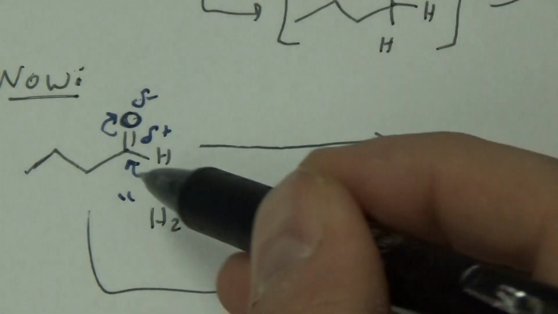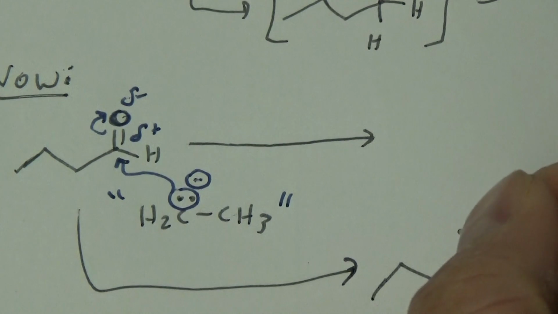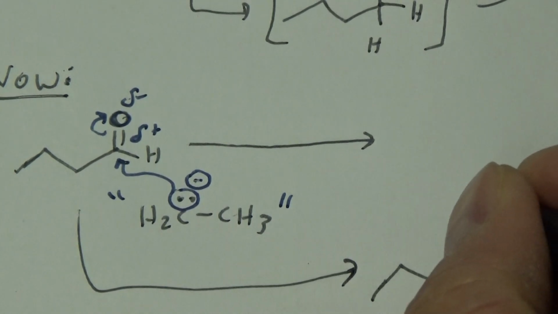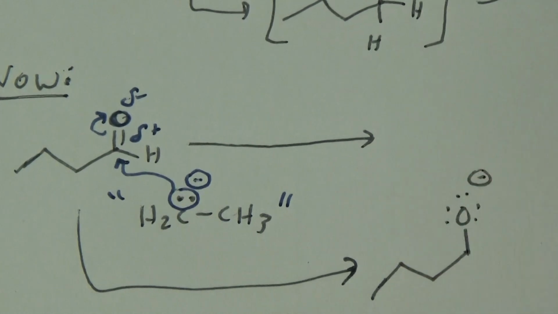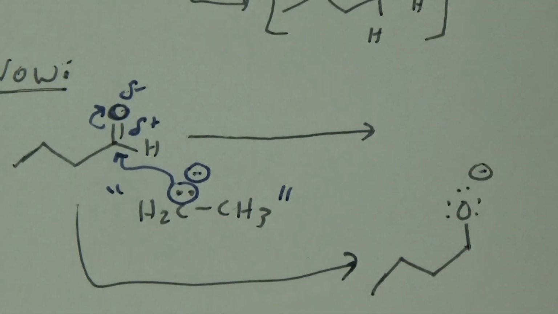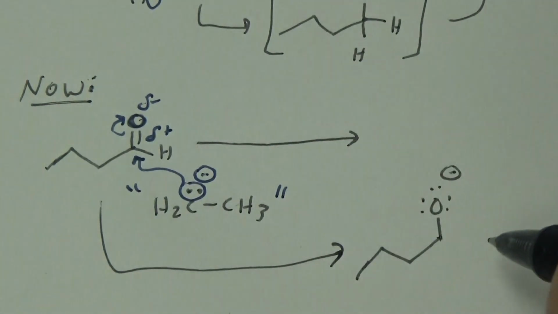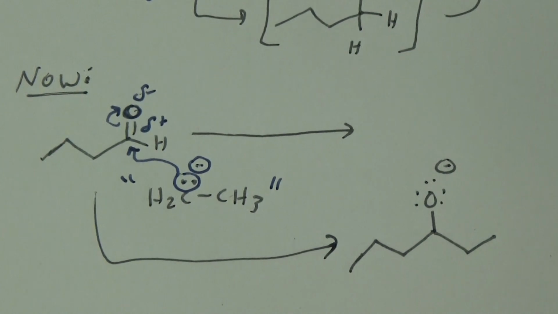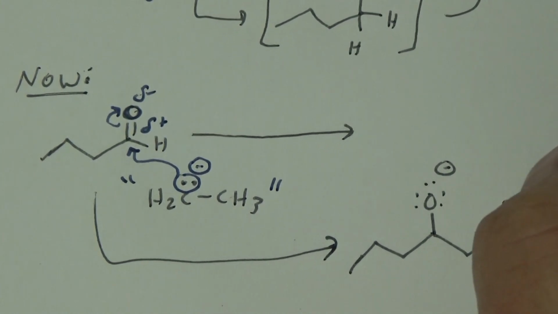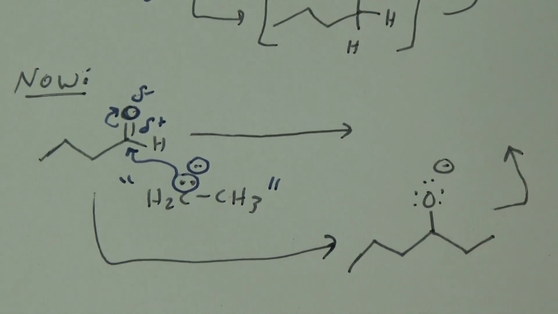But when ethyl attacks this butyraldehyde, 4-carbon thing, what does it look like now? Now this is O minus. And what did we just add? 4 plus 2 should be 6, right? We just added 2 carbons. Look at that. Then we have to get the proton from somewhere.